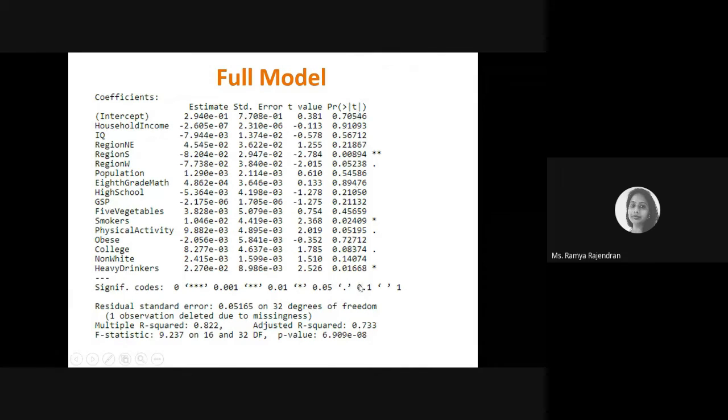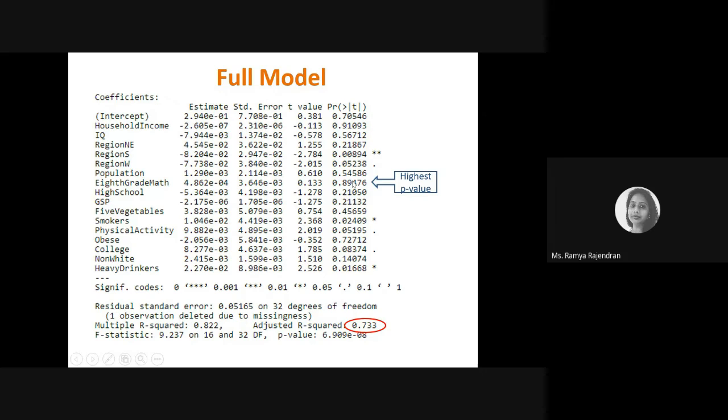So when you look at the p-values, you take the highest p-value here, and your adjusted R-square is 0.7. The highest p-value is this variable, 8th grade math, 0.89.